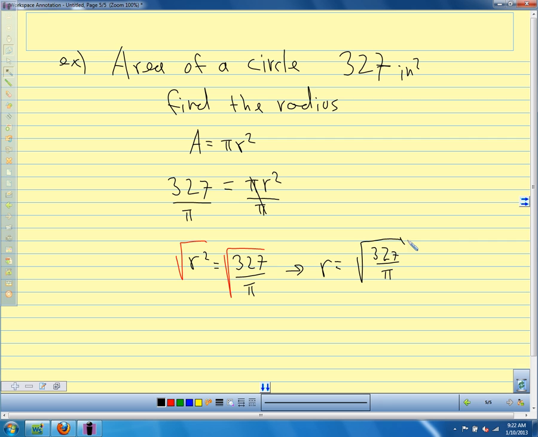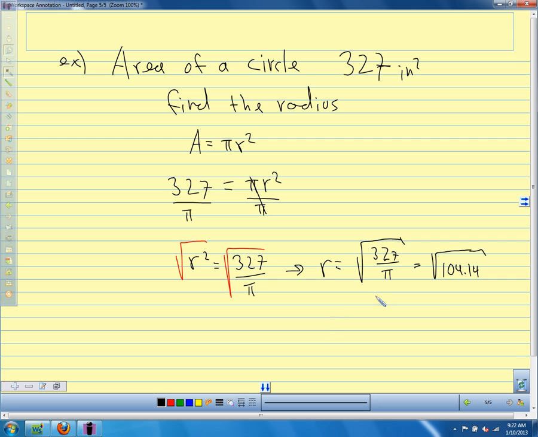327 divided by, I'm going to use 3.14. So I get this equals the square root of 104.14. And when I take the square root of that, I get 10.2.